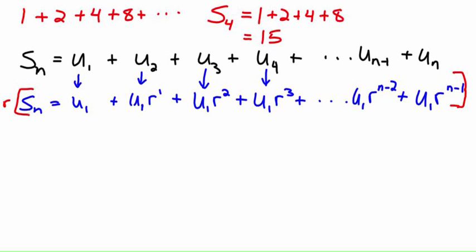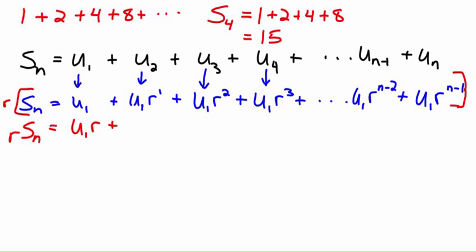That gives me r times S of n. And then if you look at what happens here, our u of 1 almost looks like our second term now. So this becomes u of 1 times r.